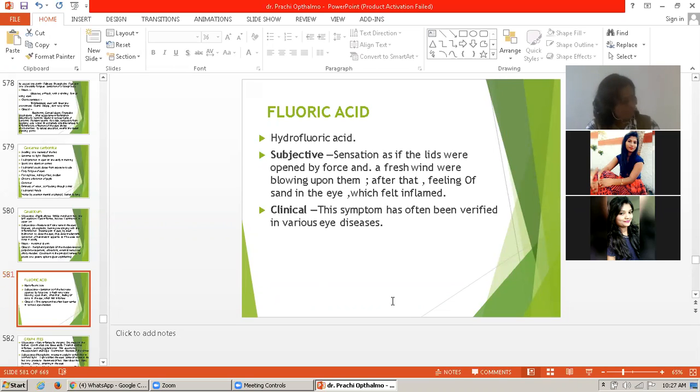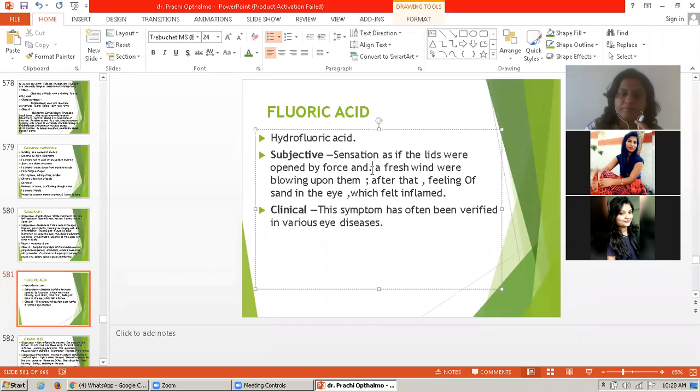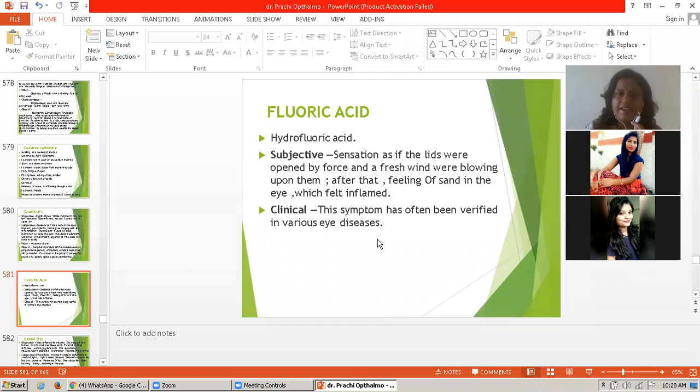Fluoric acid is an important remedy in cases of diseases of the lacrimal apparatus. Hydrofluoric acid is a common name of Fluoric acid. Subjectively, the patient feels that there is a sensation as if the lid were opened by force and a fresh wind were blowing upon them. And after that, a feeling of sand in the eye which felt inflamed.